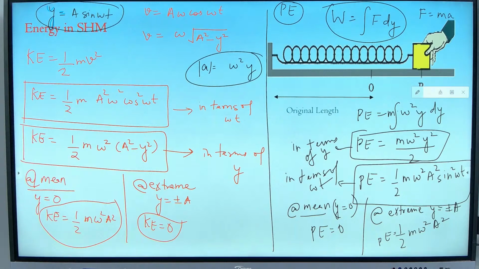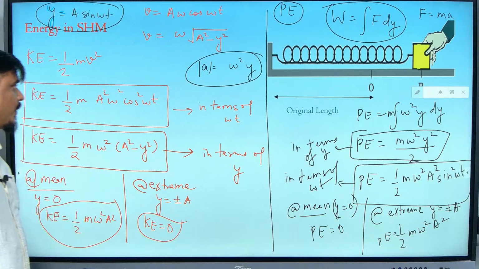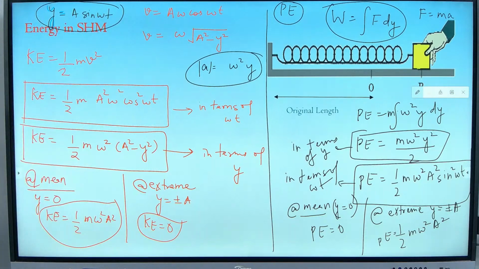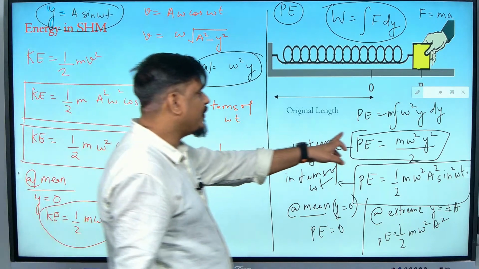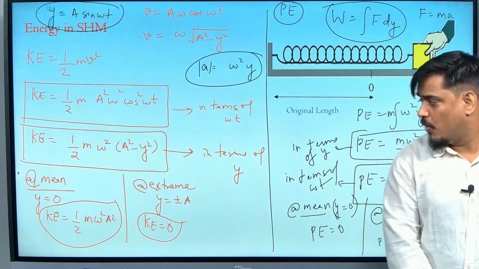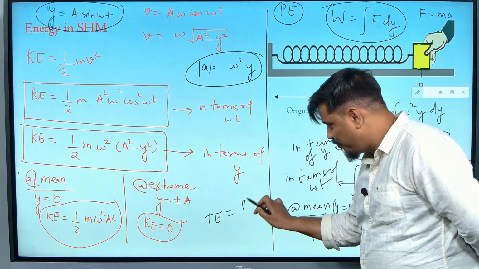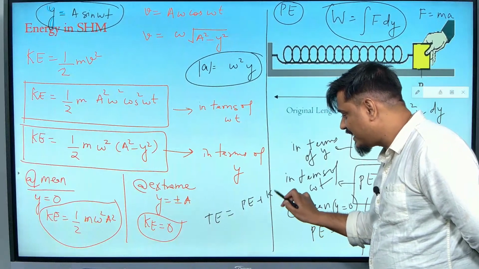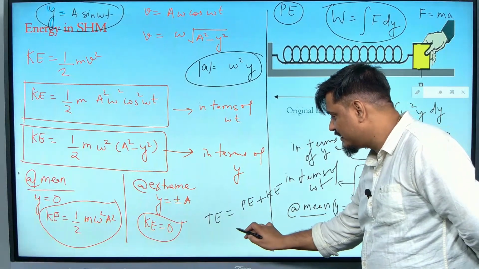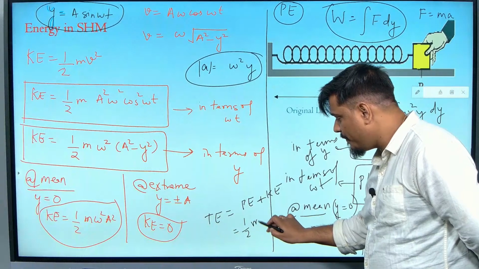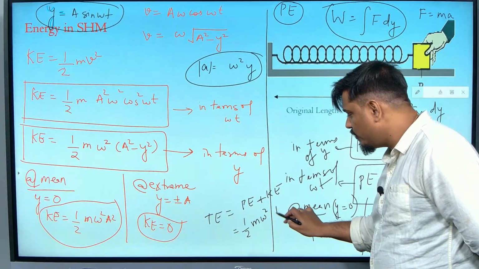So you have understood that kinetic energy is half m omega square into a square minus y square. Potential energy is half m omega square y square. What will be the total energy? Potential energy plus kinetic energy. What will be that? Half m omega square into a square.